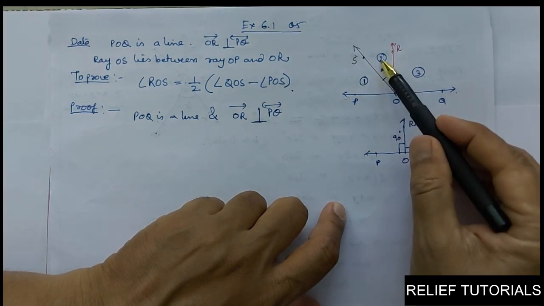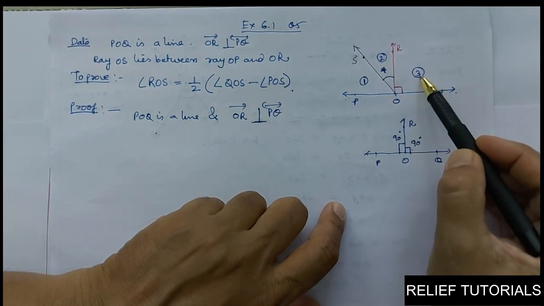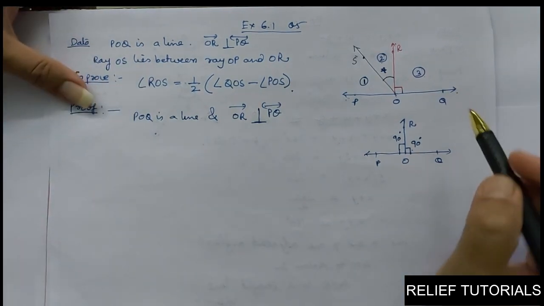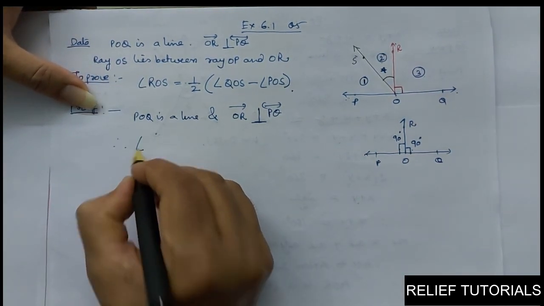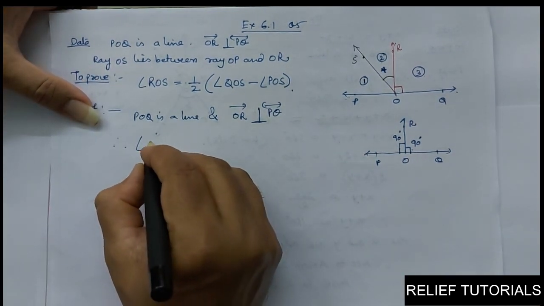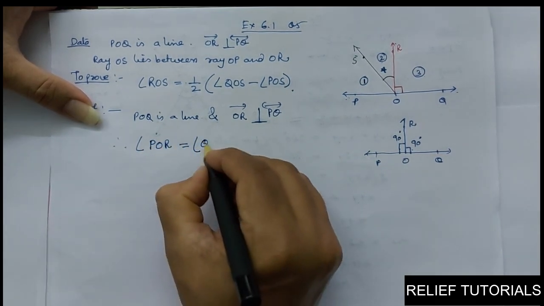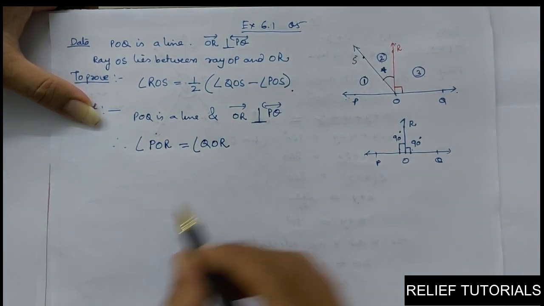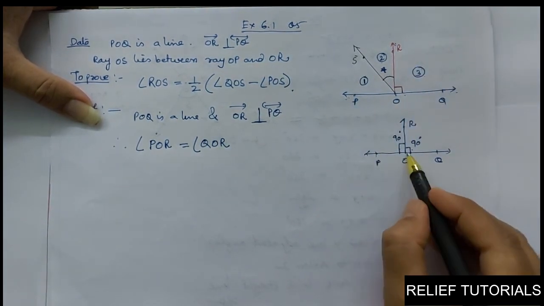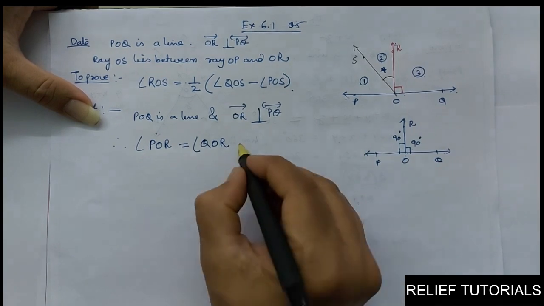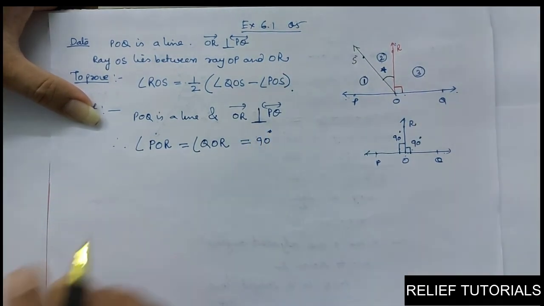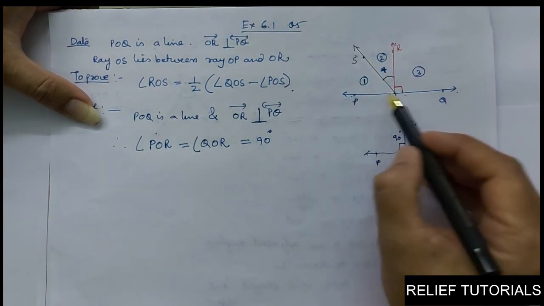So I can say one thing here, 1 plus 2 is equal to 3. See, the total of 1 plus 2 is 90. 3 is also 90. So I can therefore say, angle POR is equal to angle QOR, and that is equal to 90 degrees. Now if we talk about angle POR, see this is POR.